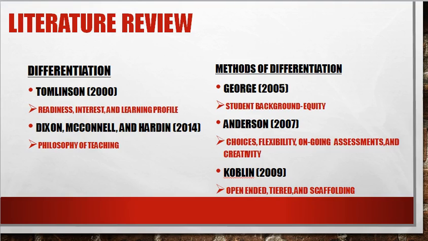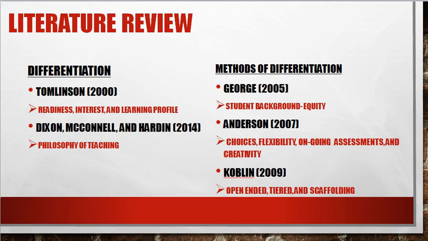Koblin talks about 3 areas that are definitely going to take major consideration into this particular study. And this is the open-ended, tiered, and scaffolding methods that you can implement inside of your classroom.